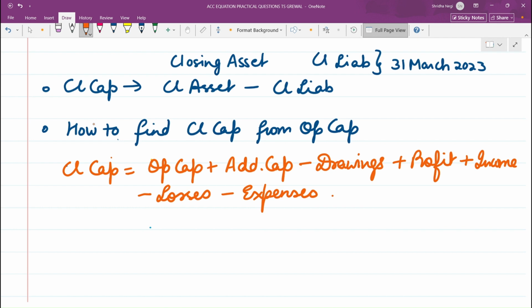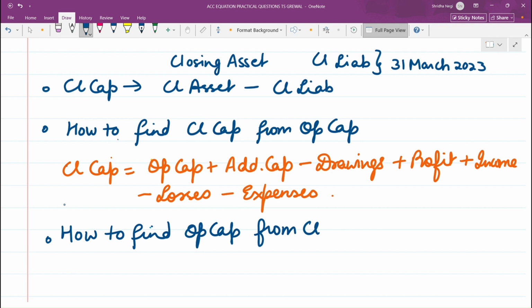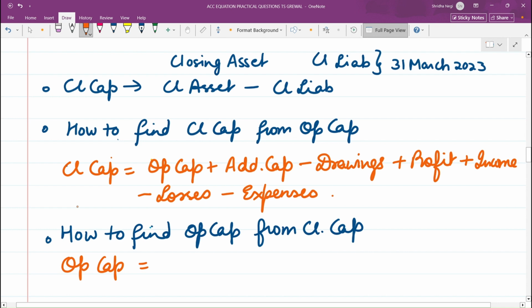ठीक है. Now if you have to find out the opening capital, how to find opening capital from closing capital? अगर क्वेश्चन में closing capital दिया है, तब आप opening capital कैसे find out करोगे? You are just going to do the reverse. Opening capital will be equal to closing capital. अब यहाँ पे जो जो add करा था, you are going to subtract.